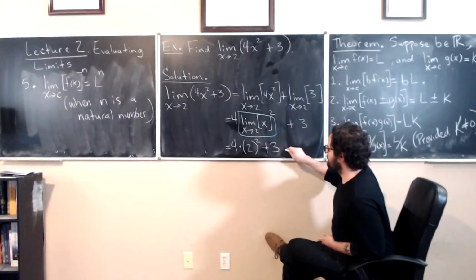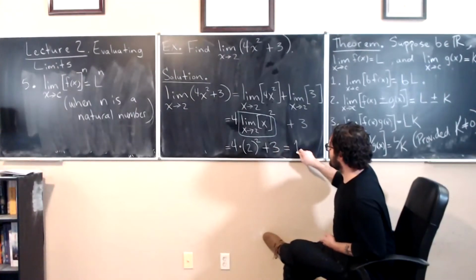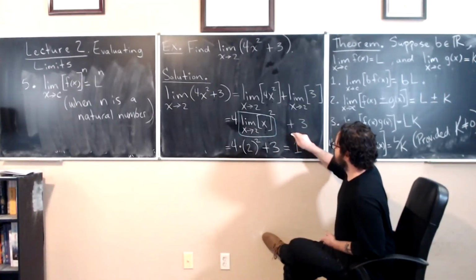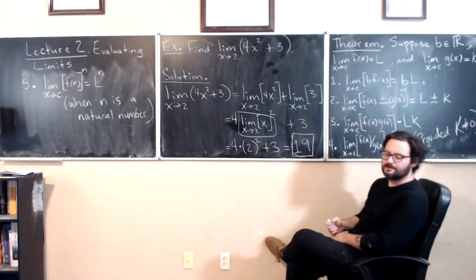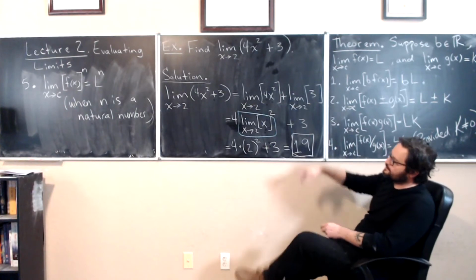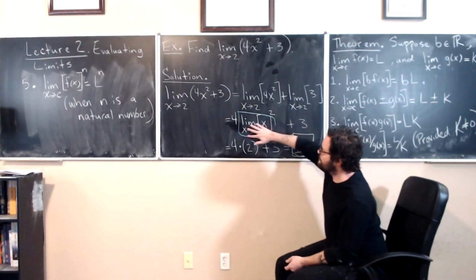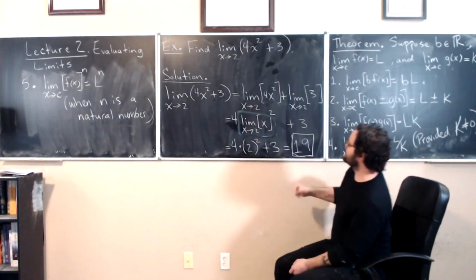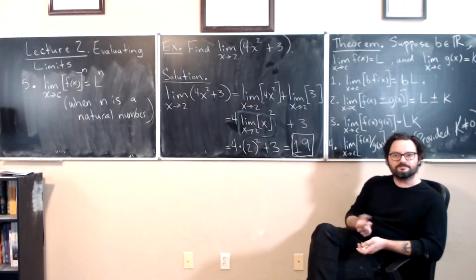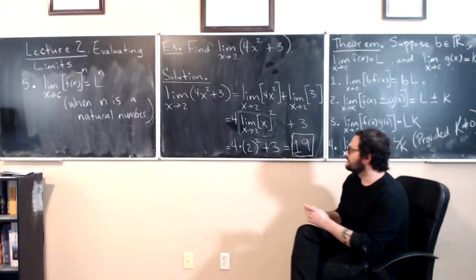And what does this evaluate to? 19. Go ahead and box it in. So in your solution, if you're submitting this problem to me, there wouldn't be a little blue box right here, but there would be a box around your final answer. Okay.